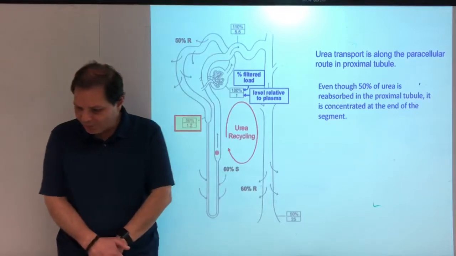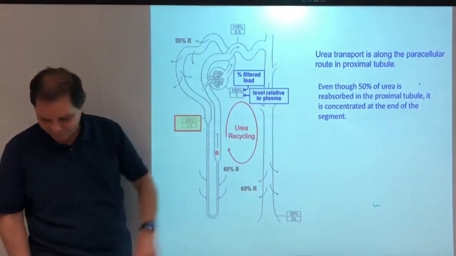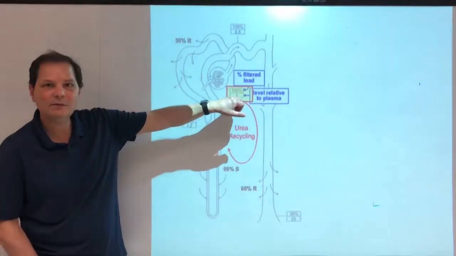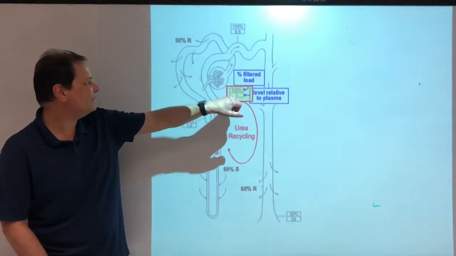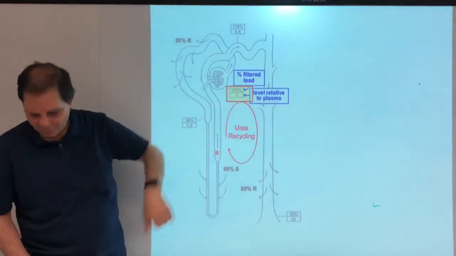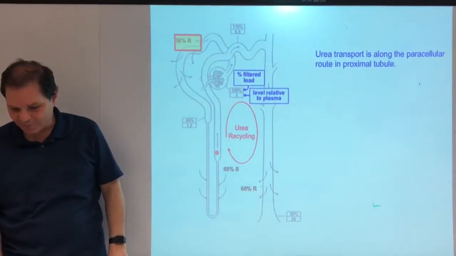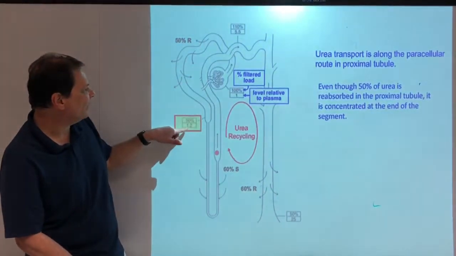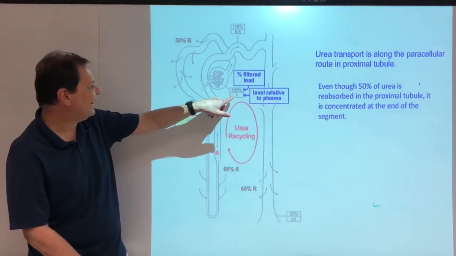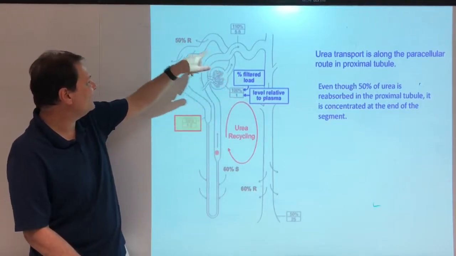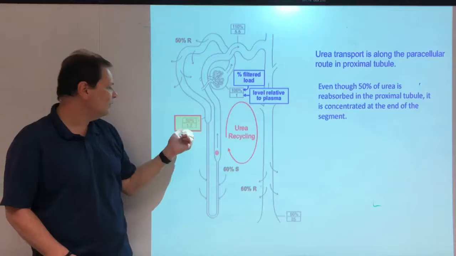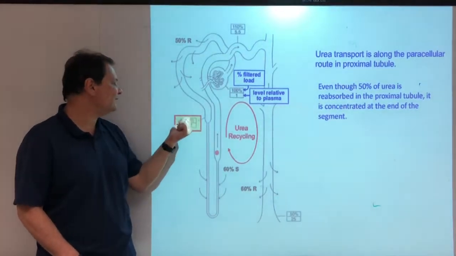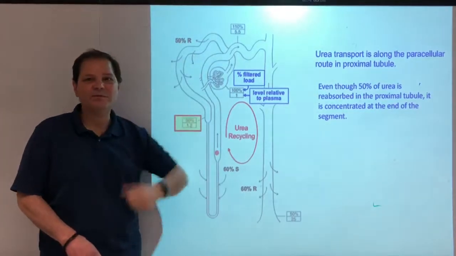Okay, so notice that our urea is freely filtered, right here, so the level in Bowman's capsule is equal to the plasma level. 50% is reabsorbed in the proximal tubule, and then take a look at our concentration here on the bottom. We went from the same concentration as the plasma through the proximal tubule to actually a higher concentration than the plasma, and that's despite the fact that we lost 50% of our urea there.